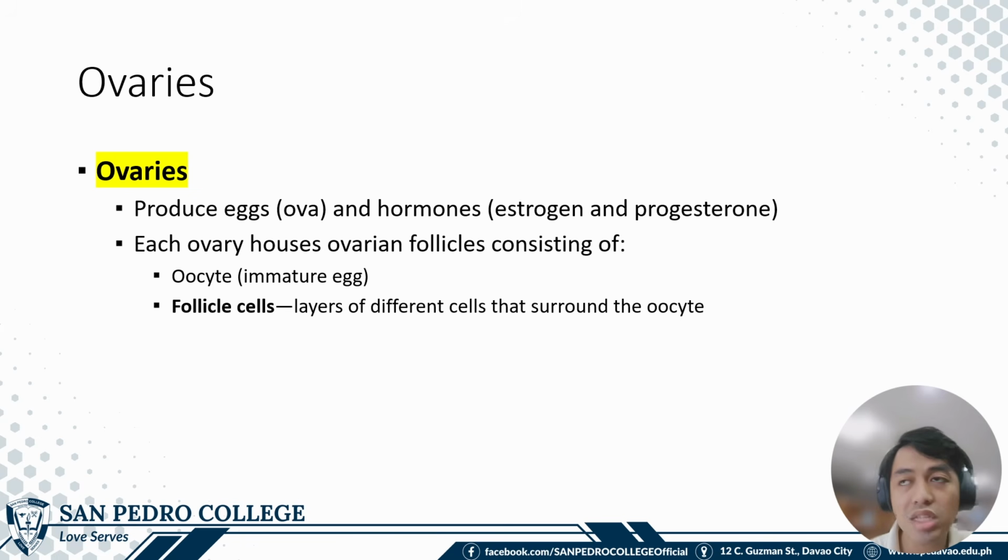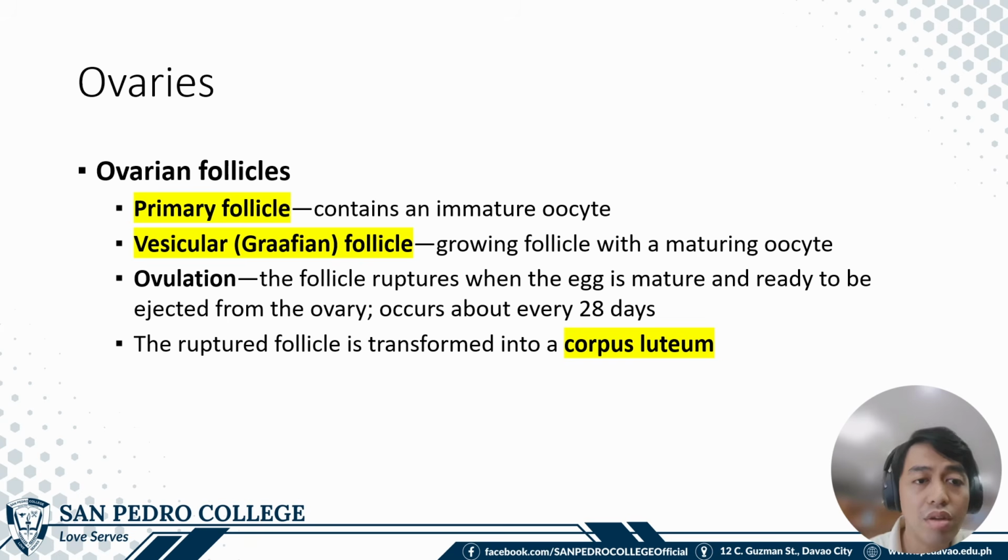Each ovary contains thousands of follicles that each release these ova. Your ovarian follicles, when stimulated during your menstrual cycle, one of the follicles will be stimulated to become the primary follicle, which contains the immature oocyte.